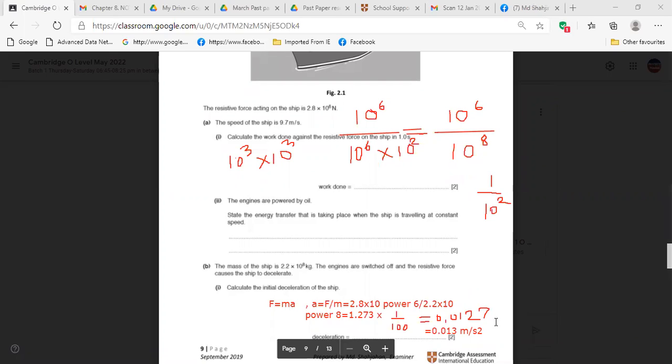This way, isn't it? Both of them left. Oh, they may be disconnected somehow. Okay, so it's 0.01273. That means in two significant figures, if you round up, it comes 0.013.